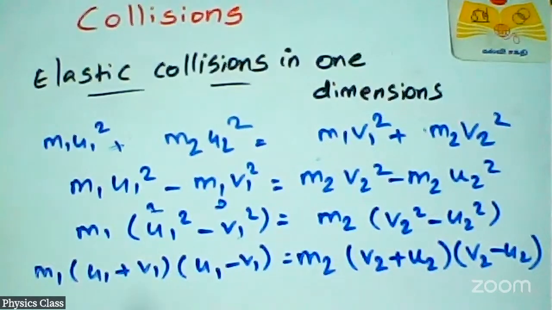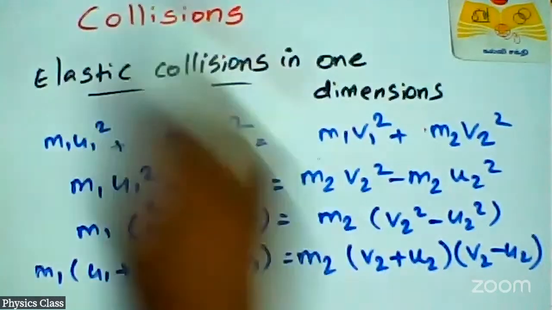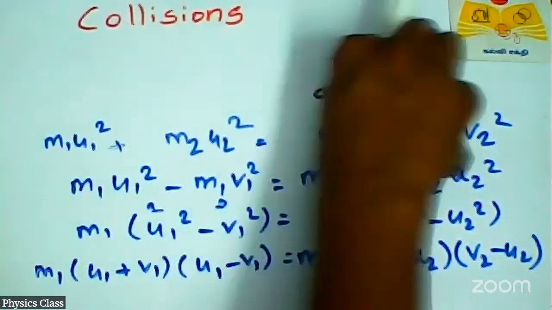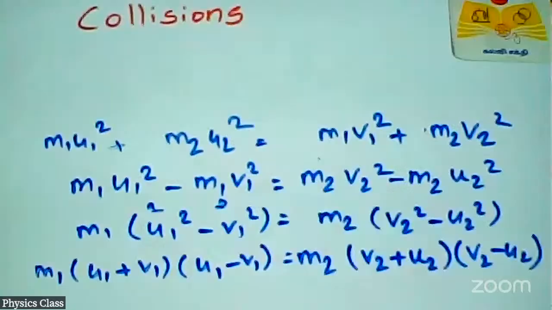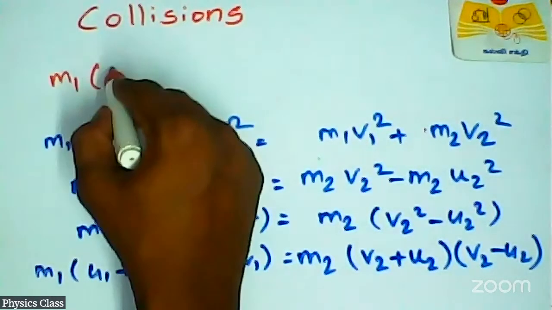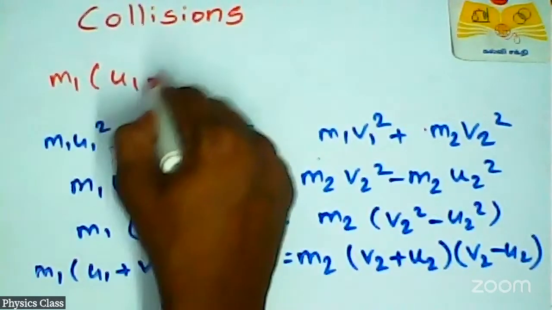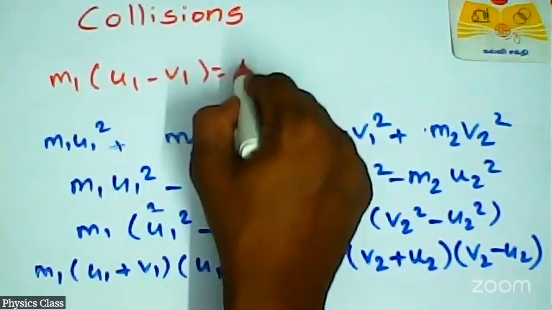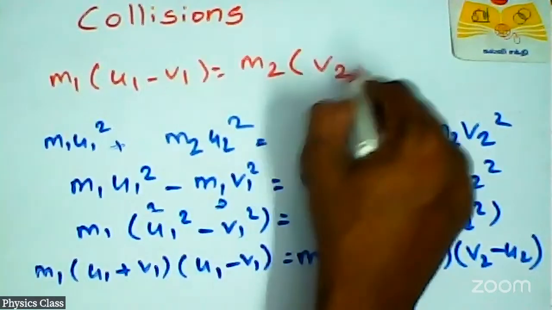Now we can divide this equation by the momentum equation. Already we have the simplified momentum equation, that is m1 times u1 minus v1 equals m2 times v2 minus u2.